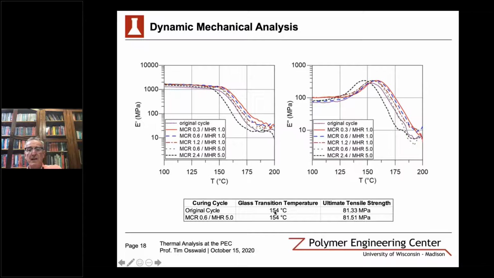The original cycle had a glass transition temperature of 154. The one that we chose to optimize has exactly the same glass transition temperature, and both of them have, within the error of the experiment, the same ultimate strength. That's great news for anyone who wants to manufacture parts with this.